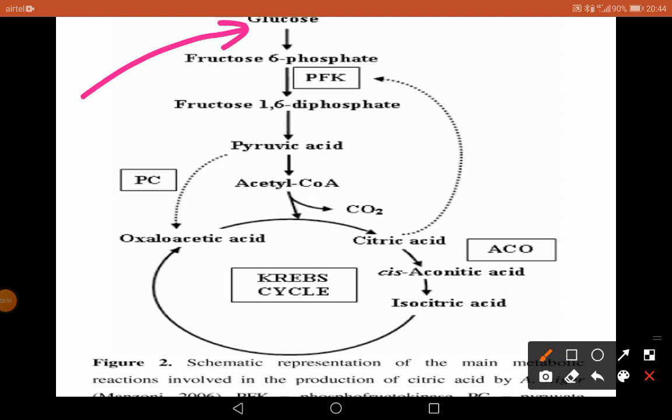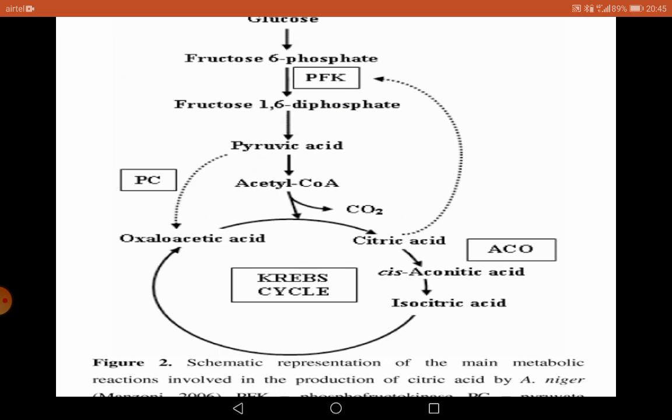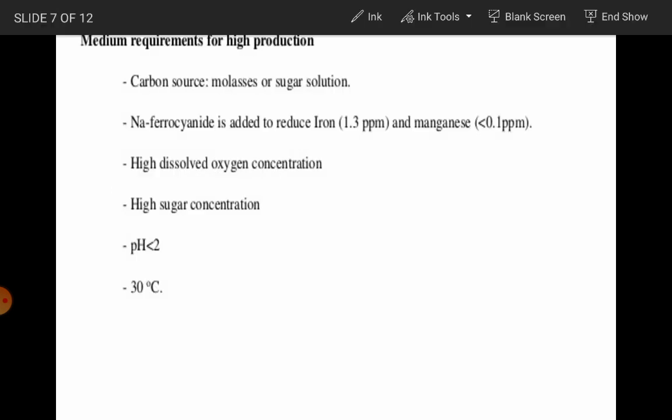From glucose, it enters into glycolysis, and we get pyruvic acid or pyruvate, and this pyruvate enters the Krebs cycle, and in the Krebs cycle we get citric acid, hence it is also called the citric acid cycle. So this is the biosynthetic pathway of citric acid, how it is produced in the organisms.